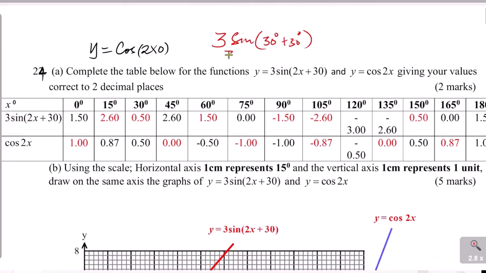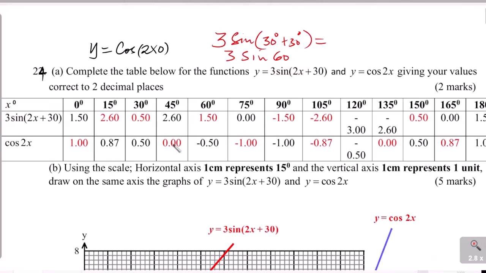So this will give 3 sine of 60. So when you just feed in this information the way I'm putting it in the calculator and press the equal sign, you'll get 2.6, and that is what you're supposed to do.